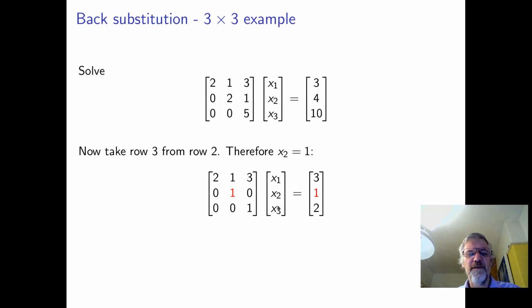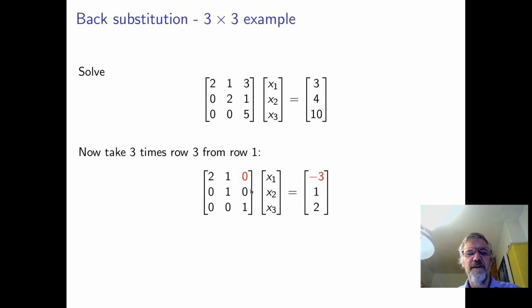And so the thing that's emerging from this is once we've got upper triangular, we can go back up using subtracting multiples of each row from the row above, and getting rid of these numbers that are off the diagonal. And when we've only got diagonal numbers, we can just read off the answer.